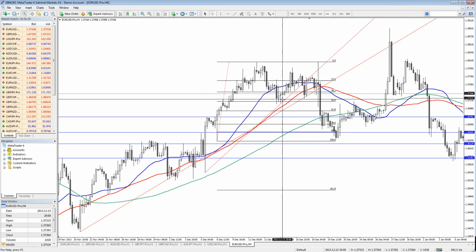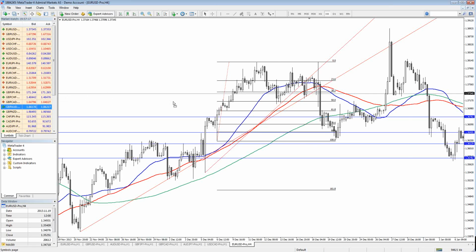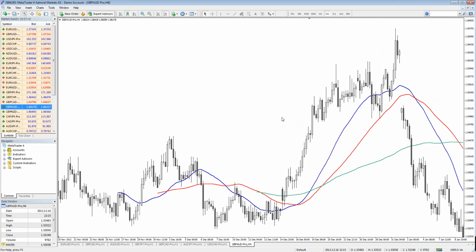So you see the price has been rejected from this confluence point and it went 80 pips to the downside. Multiple rejections. You see how many pips you could have made. And here you don't trade this. You're staying out of euro dollar and you can move to GBPUSD maybe.